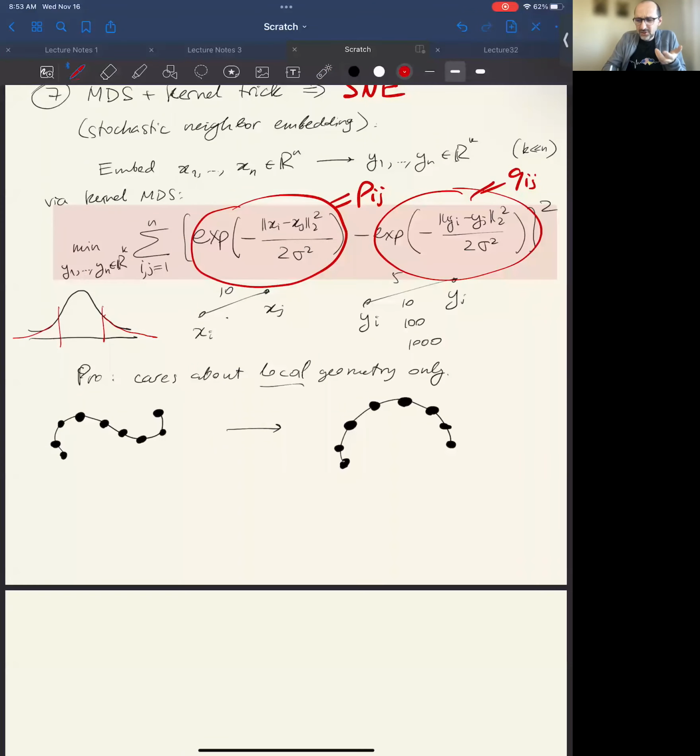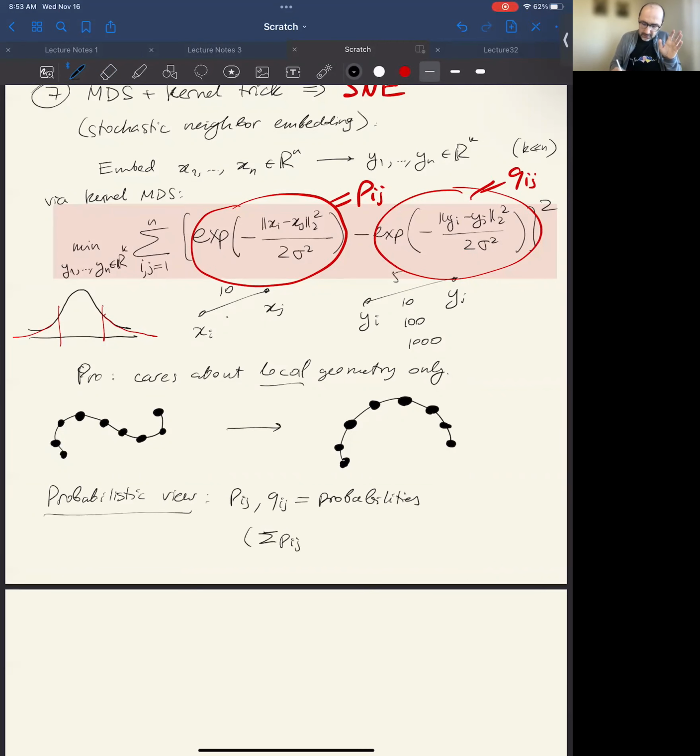So we can look at this method from the probabilistic view, of Pij and Qij as probabilities. There is a little technical issue that you have to normalize them, that the sum of Pij's and the sum of Qij's, if they are real probabilities, need to sum to 1. So we need to normalize within the algorithm, but let's forget about that issue.